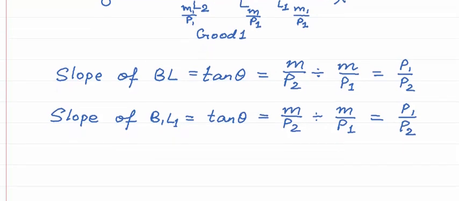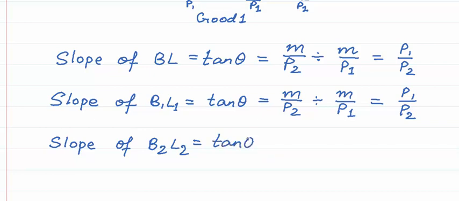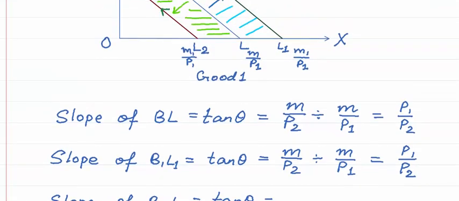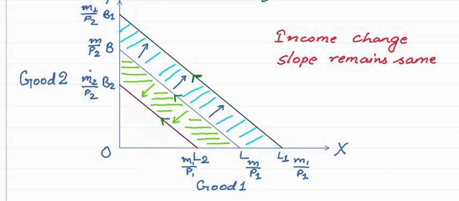Now finding the slope of the line B2 L2 when the income of the consumer decreased. This would be denoted by tan theta, and we have the intercepts on the y-axis as M2 by P2 and on the x-axis as M2 by P1.